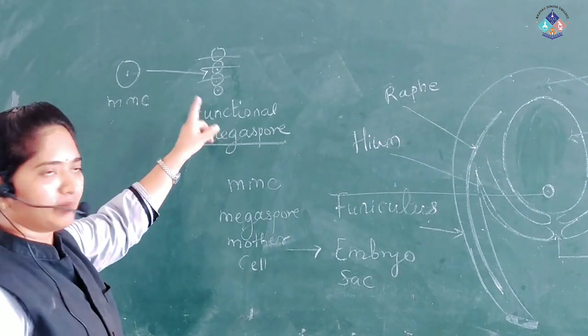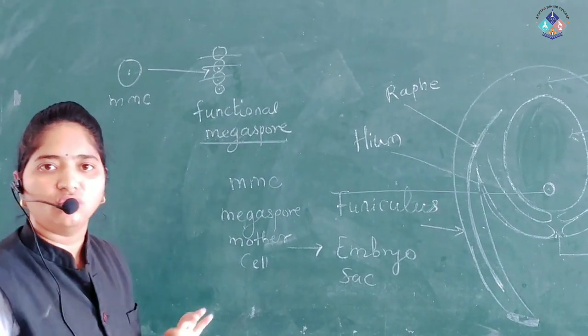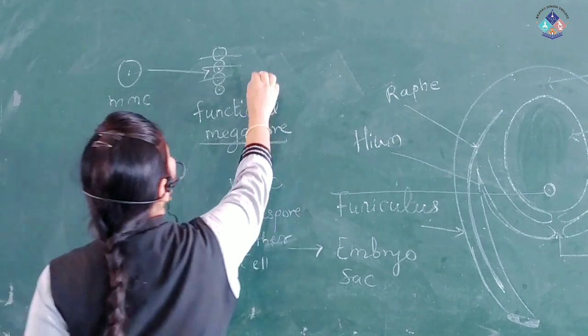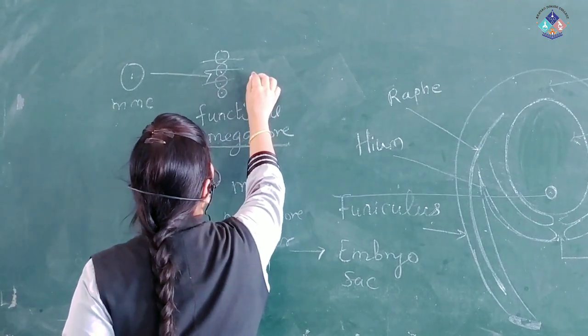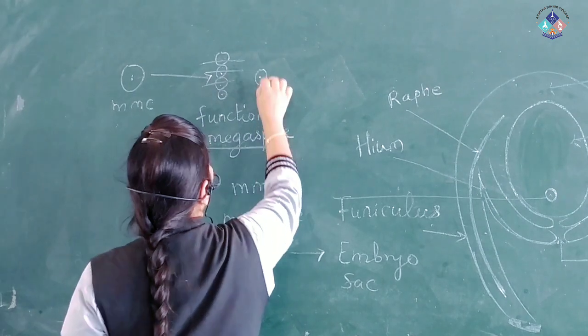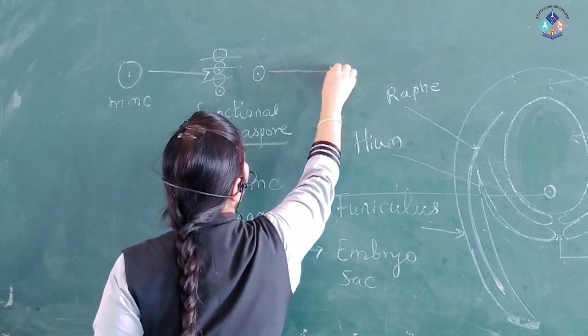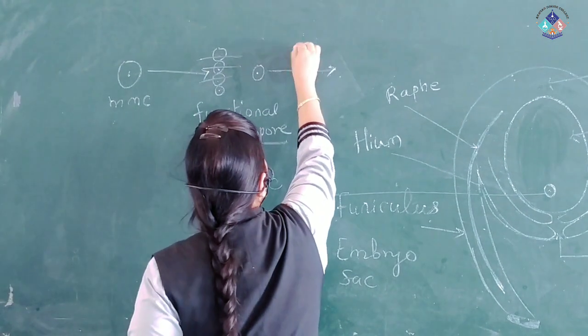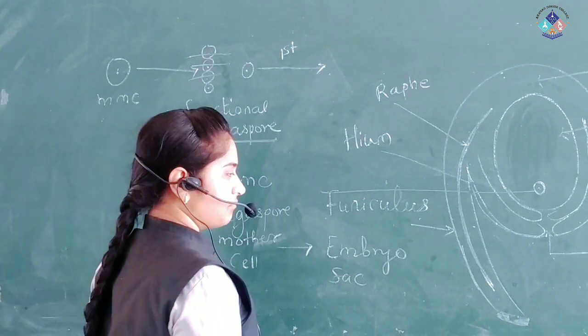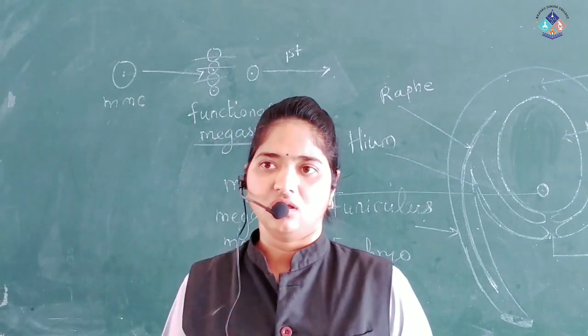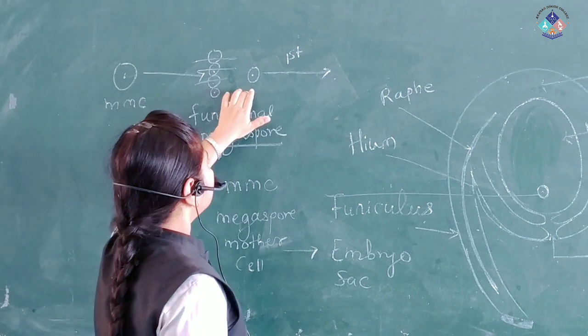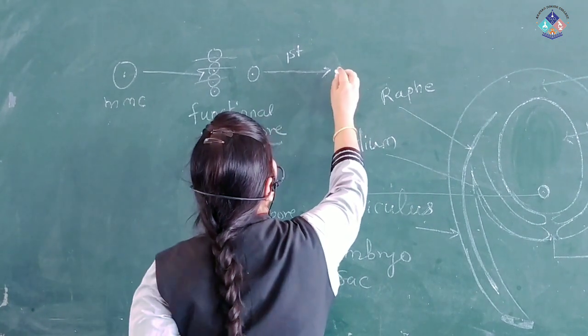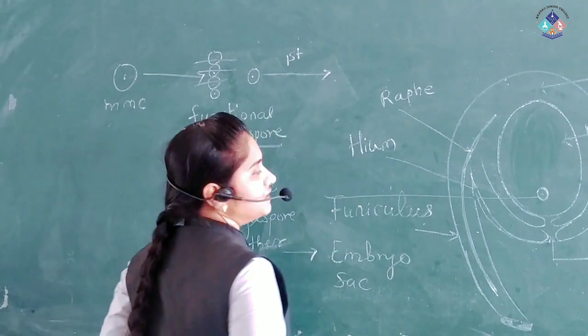Now this functional megaspore undergoes free nuclear division, 3 successive nuclear divisions. Here is the functional megaspore. From the first mitotic division, from one cell there is a formation of 2 nuclei, because here nuclear division occurs.